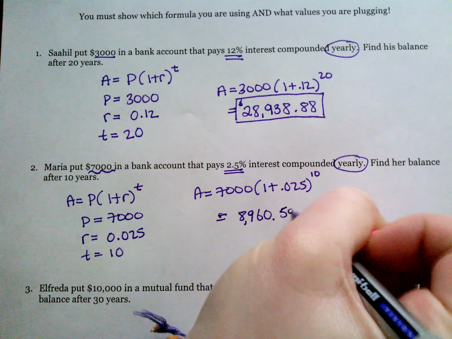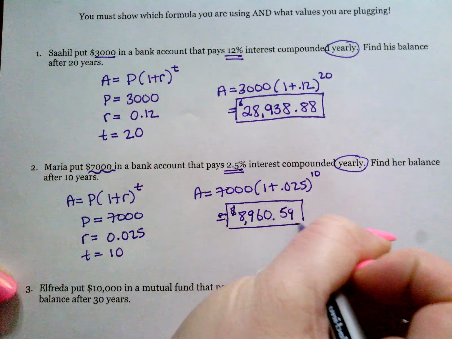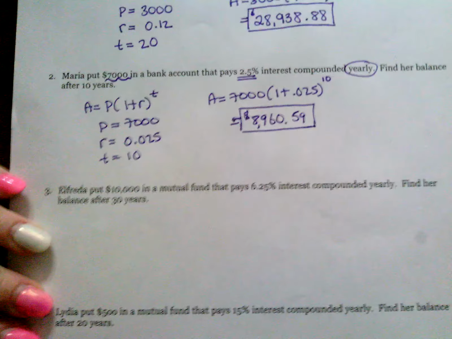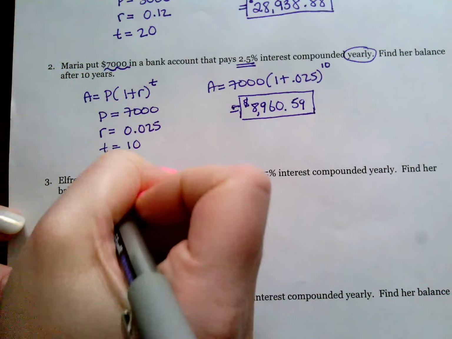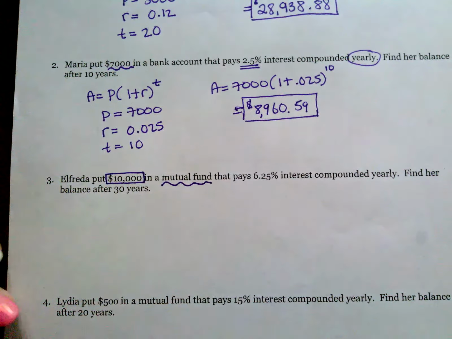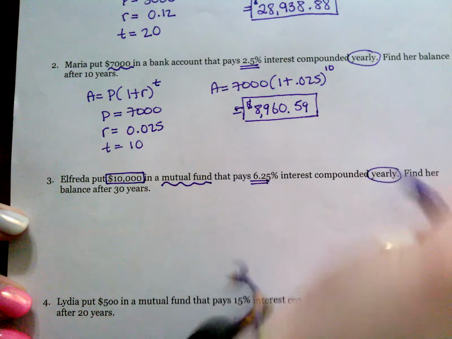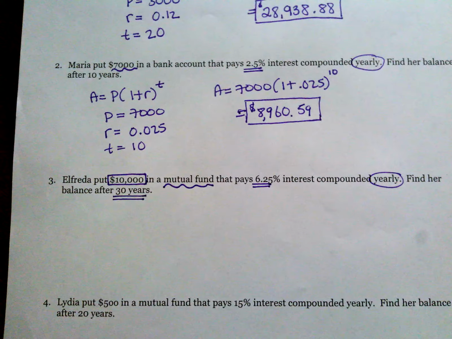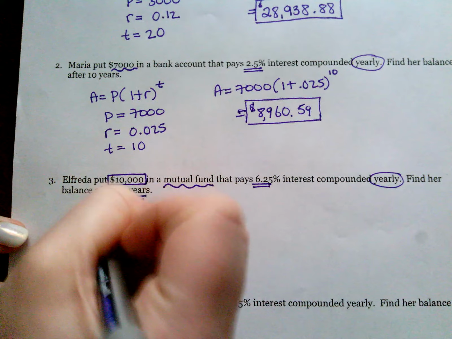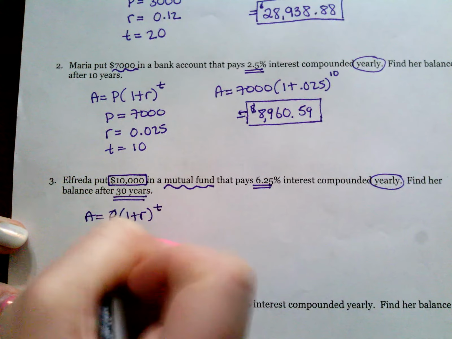Let's see what Alfreda did. Alfreda put $10,000 in a mutual fund, and it pays 6.25% compounded yearly again. After 30 years, how much money is she going to have? So A equals P times 1 plus r to the power of t. The principal amount is 10,000. The rate is 0.0625. Don't cut the decimal off. t is 30 years.